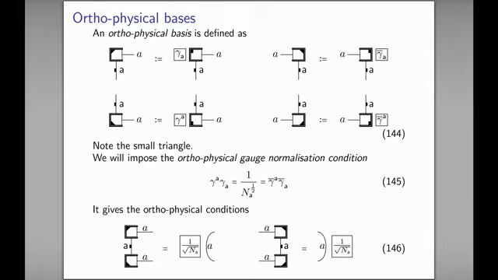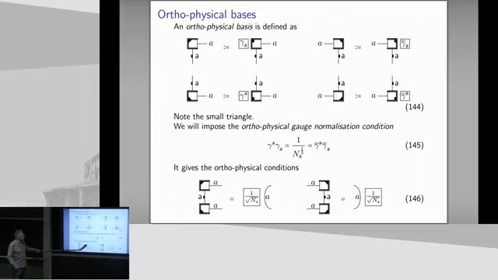Also, the orthogonality conditions are not as nice. So we impose this. I call that the orthophysical gauge normalization condition, and I really should have thought of a better name. Then we get these conditions, which are different from the ones I had before because you have this factor in front, which is natural because of the gammas.